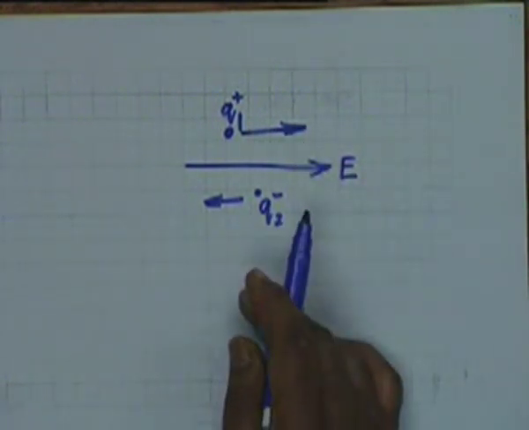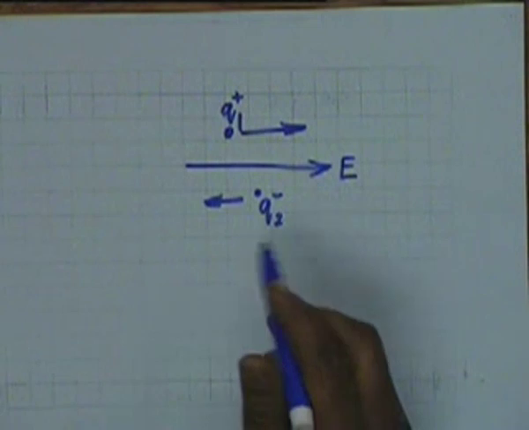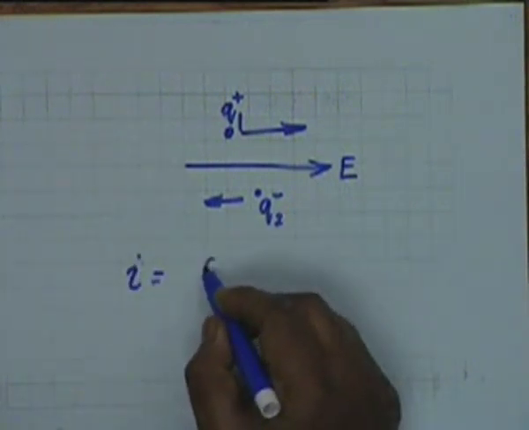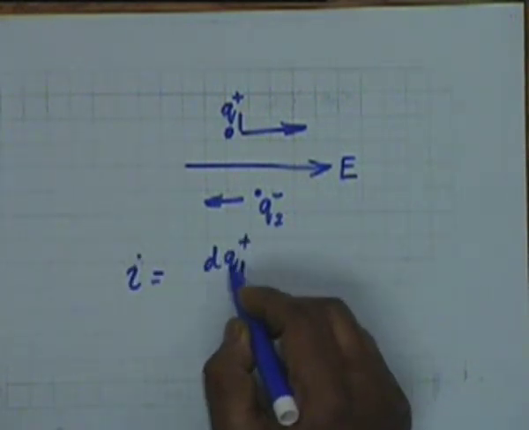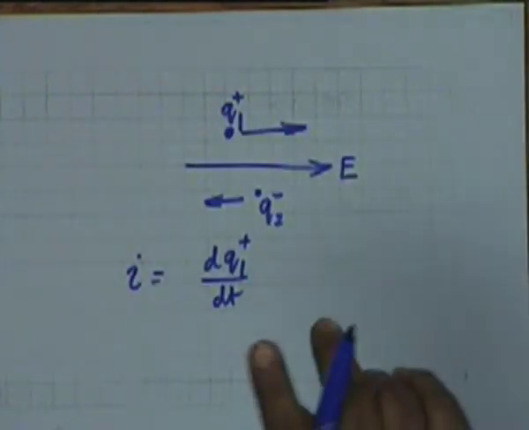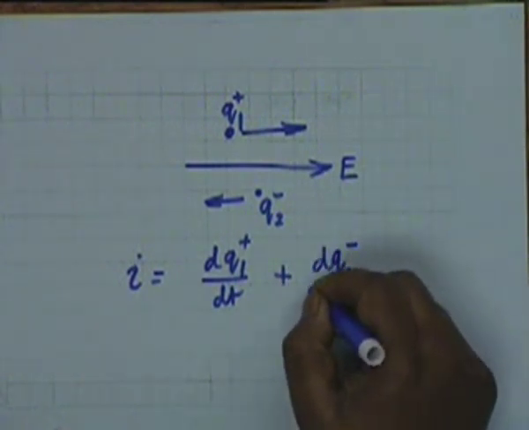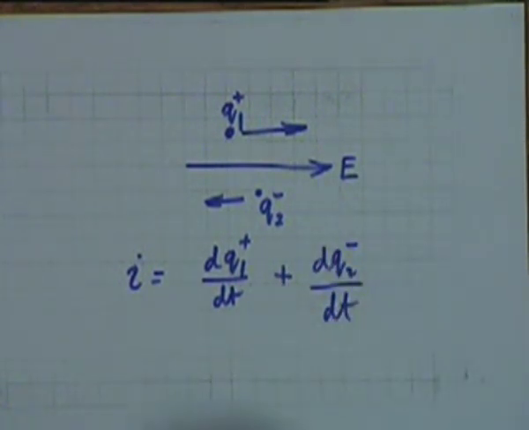Now a negative charge moving from right to left is equivalent to a positive charge moving from left to right, and therefore the current here shall be dq1 plus/dt, that is from left to right due to the motion of positive charges, plus dq2 minus/dt. It contains two components, one due to positive charge, the other due to negative charge.